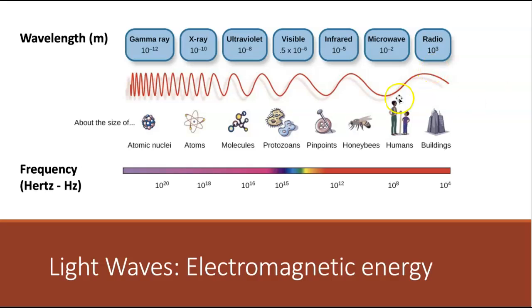Now, the part that humans can see, the visible light that we can see, falls in the middle. So that's what we have here, visible light. Obviously, there are other species that can see various wavelengths, and so maybe able to see some of these other forms of electromagnetic energy. But as humans, the only type of electromagnetic energy that we can actually see is this small amount here.